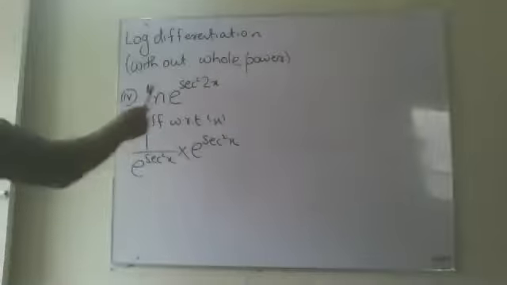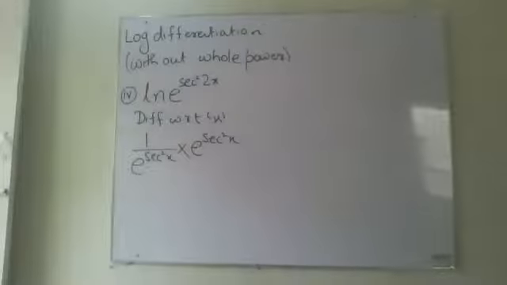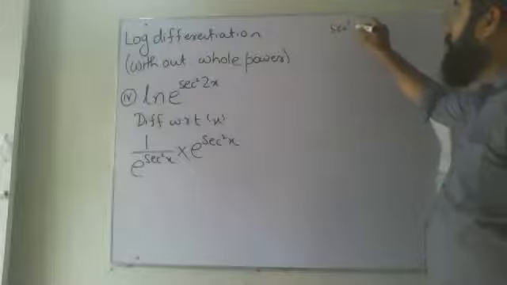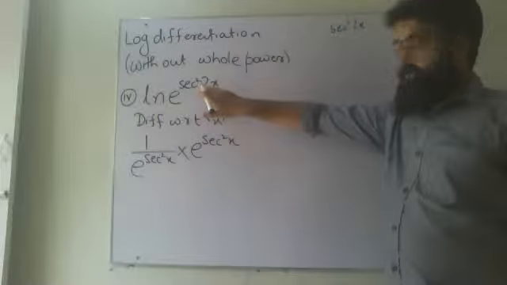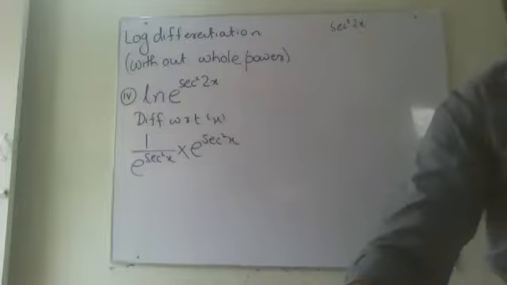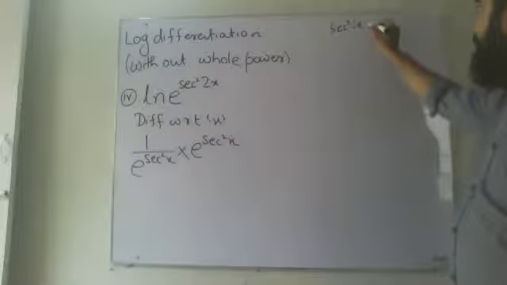Now I have to differentiate sec square 2x. So for sec square 2x, first I'm writing it separately, because it is hard to differentiate it directly for you guys. I've written it separately.